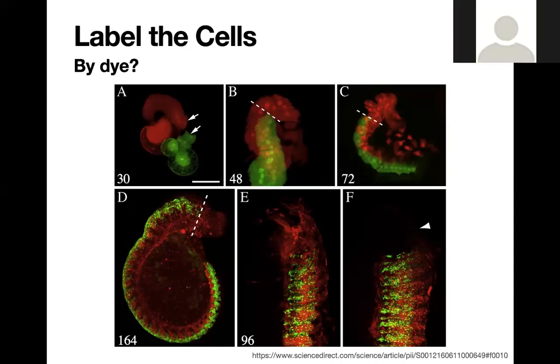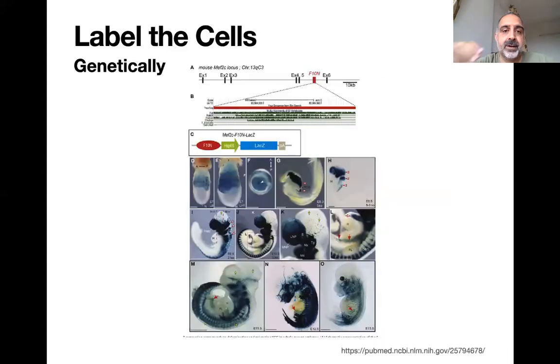So another way that we can understand lineage is by labeling the cells genetically. I've shown you this kind of scheme already when we talked about gene regulation and enhancers.